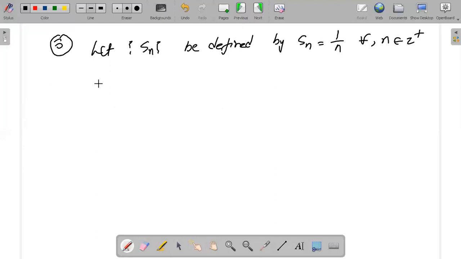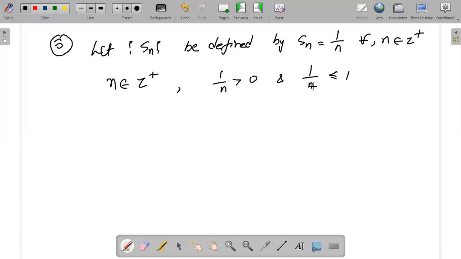Now for all n, let us see that. We have been given n is a positive integer. So 1 by n will be greater than 0, and 1 by n is less than or equal to 1, because fractions, right?